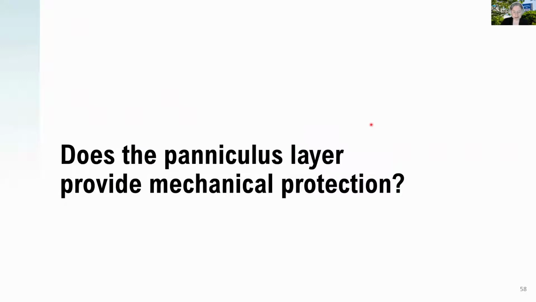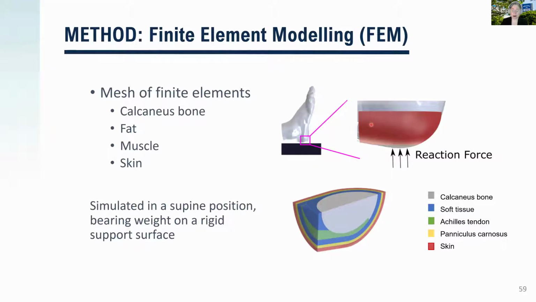So does that panniculus layer matter for biomechanics? I think we've shown it matters for the biochemistry, but for biomechanics, we did a simulation, a finite element model, where we take a heel model with or without a panniculus layer. So this yellow layer is added or removed.